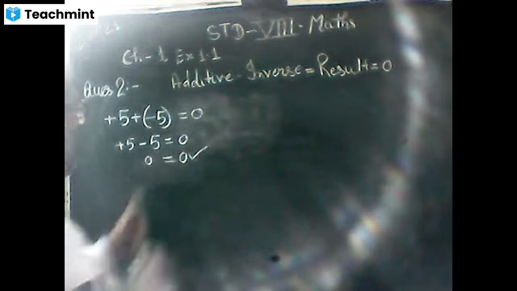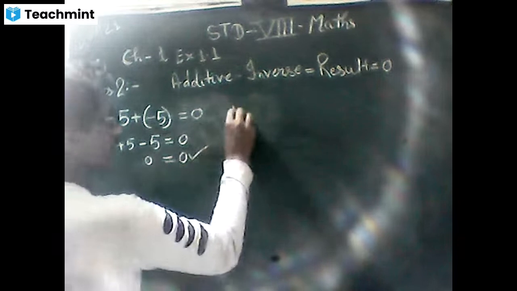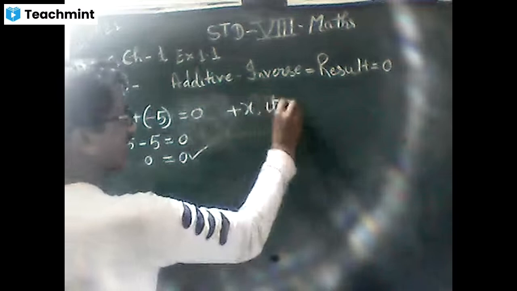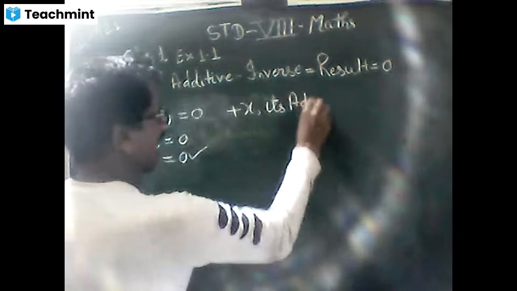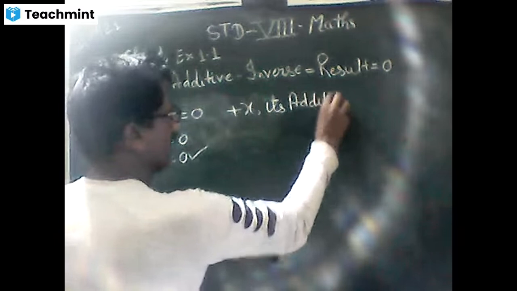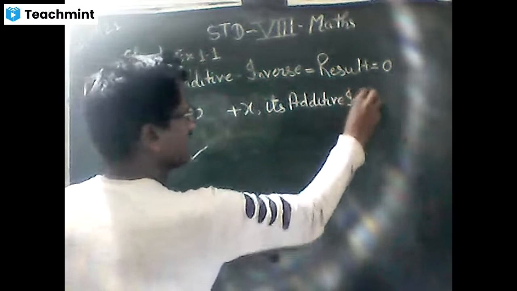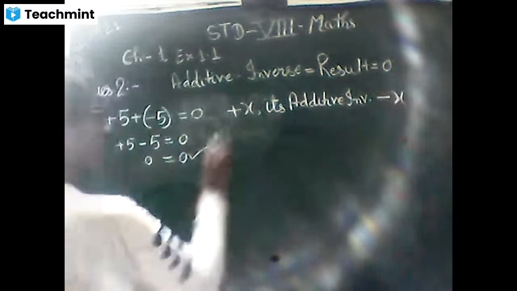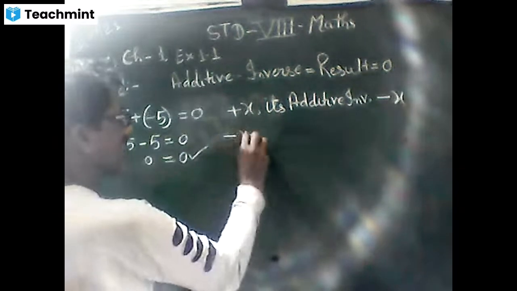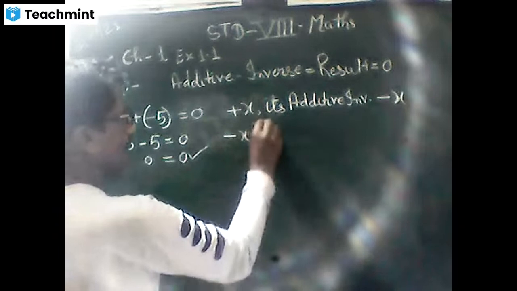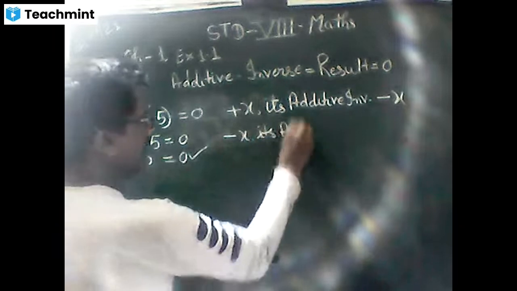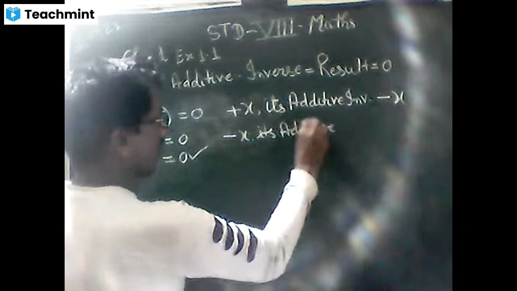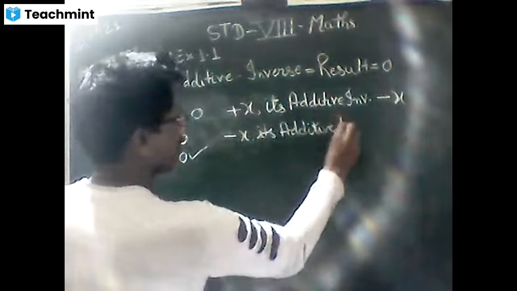So if we have a positive number x, then its additive inverse is negative x. And if we have negative x, then its additive inverse is positive x. The value of x may differ according to the problem.